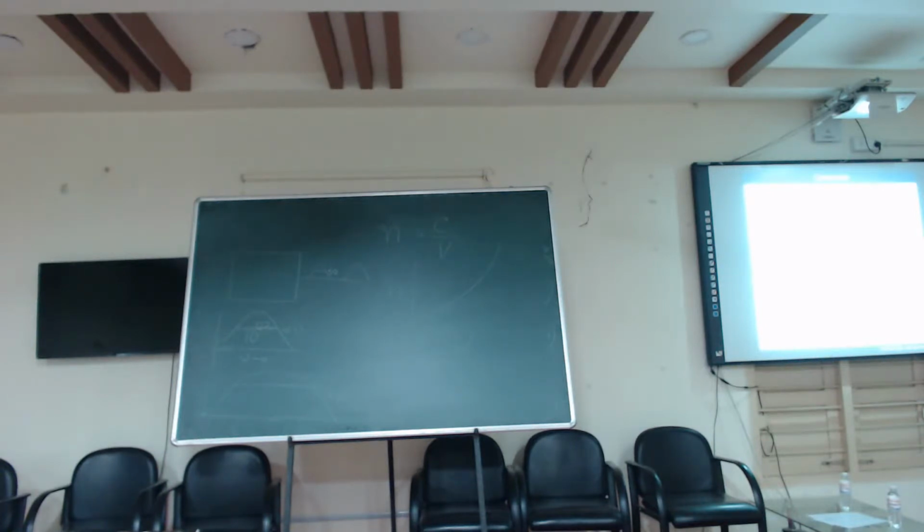Then there is a process called spontaneous emission. What is spontaneous emission? The molecule goes to a lower energy level and emits the energy as radiation. That's called spontaneous emission.